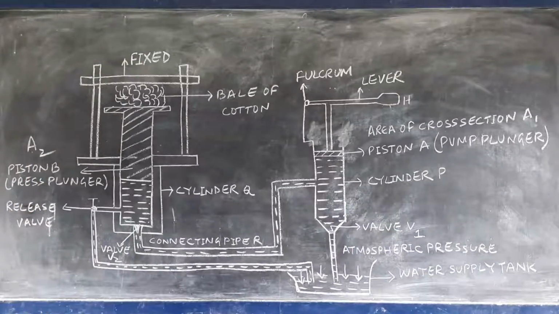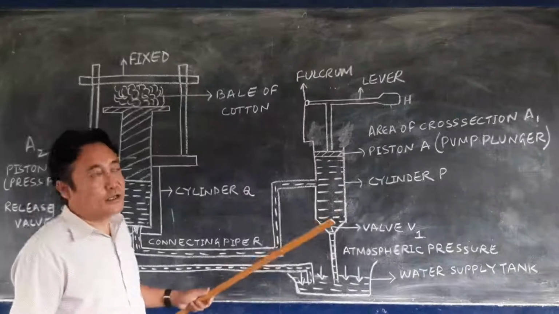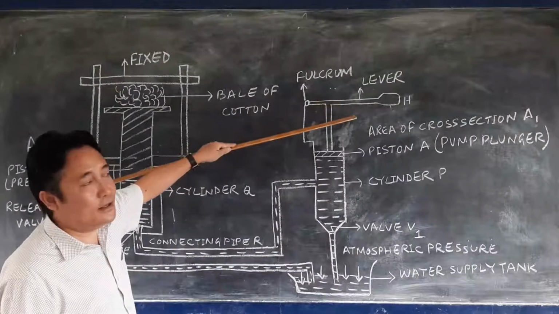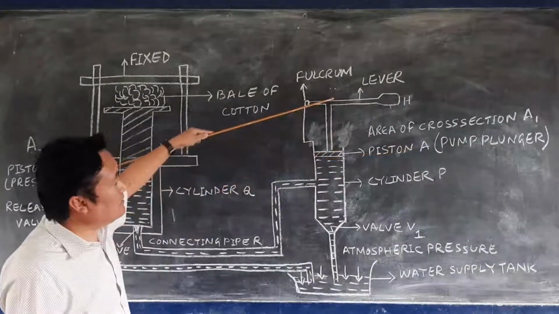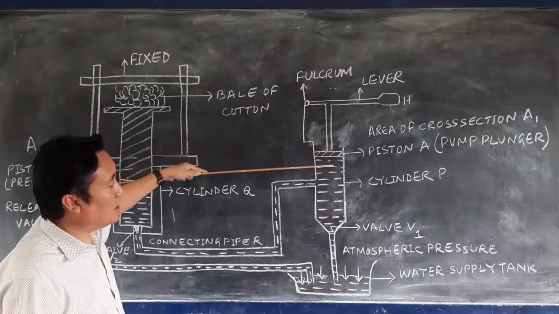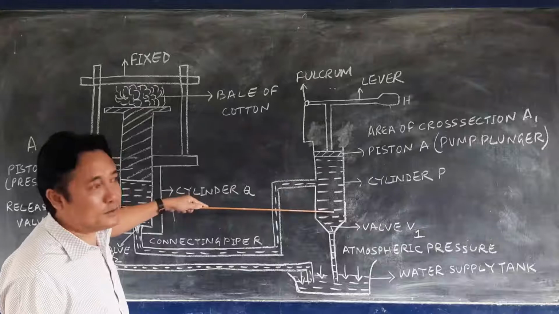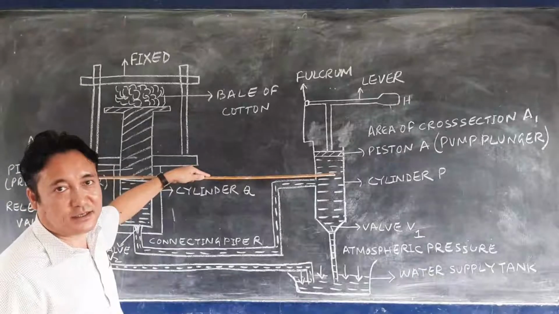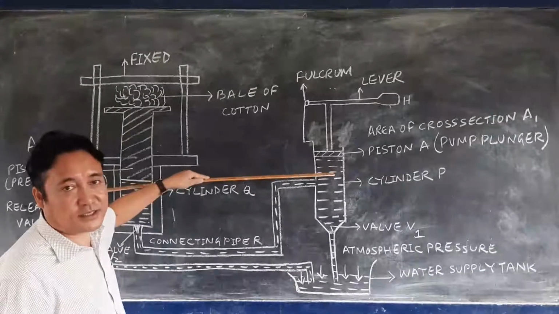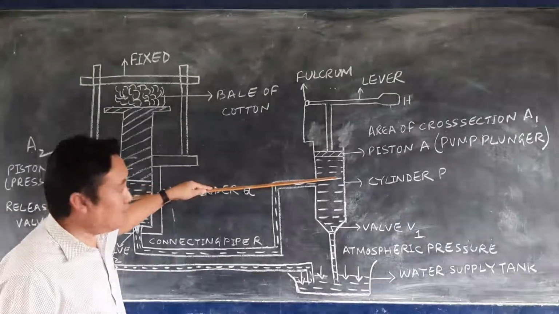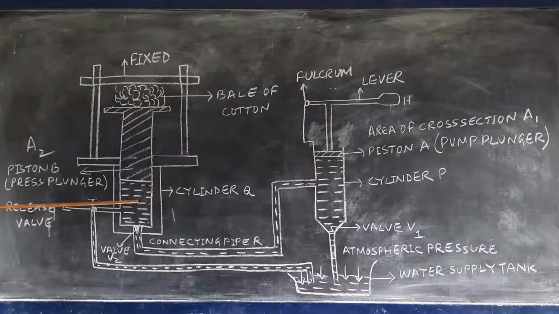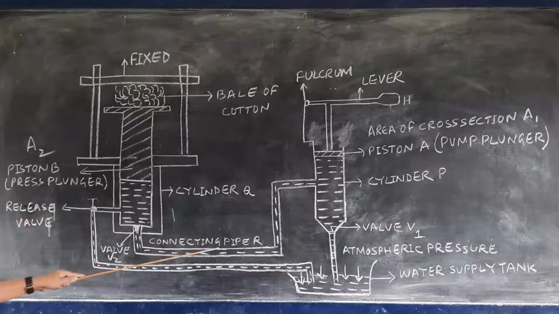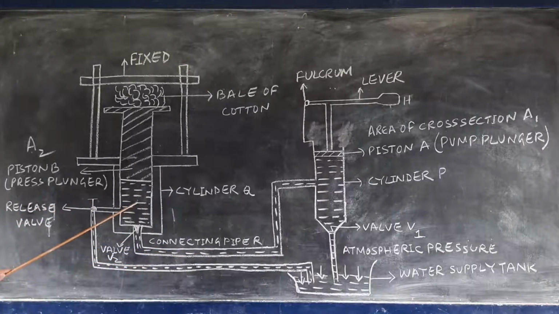This is how the hydraulic press is constructed. Now, when the handle of the pump plunger is moved down, pressure is exerted on the water. Due to the high pressure, the water goes through the connecting pipe into cylinder Q, and the pressure is exerted there.